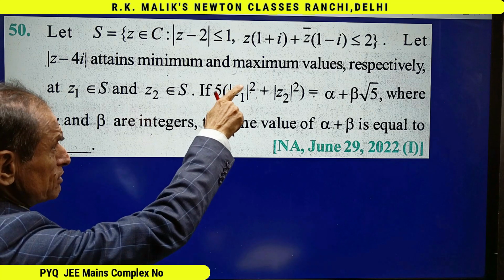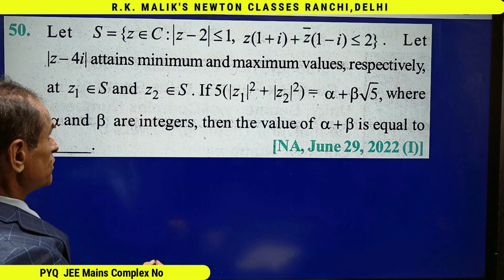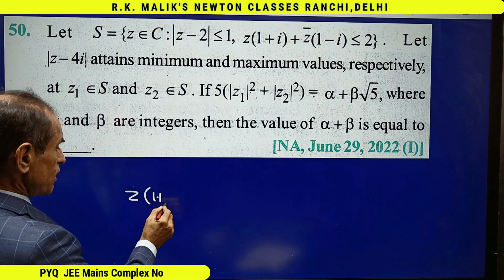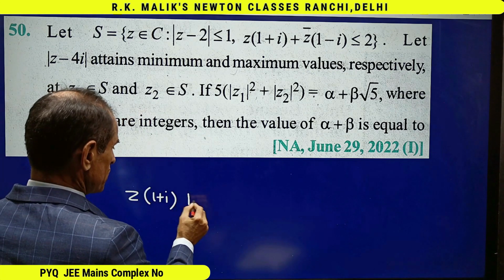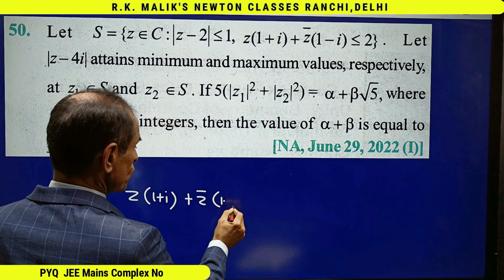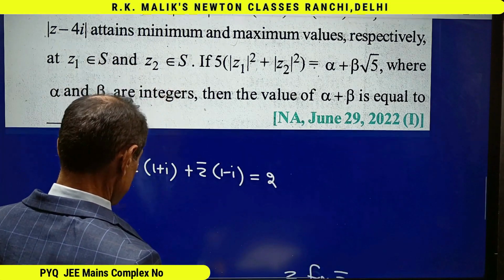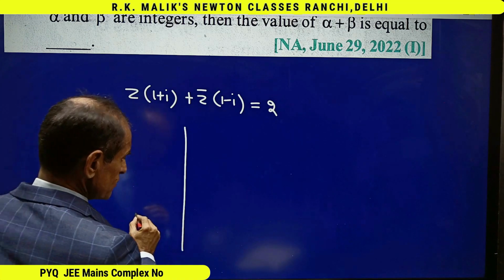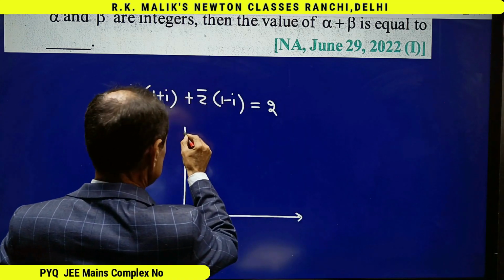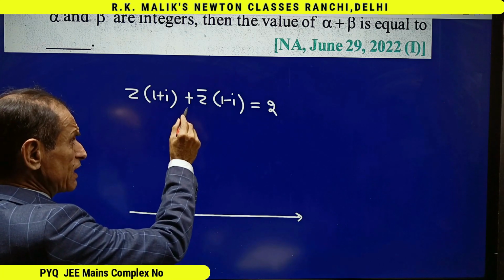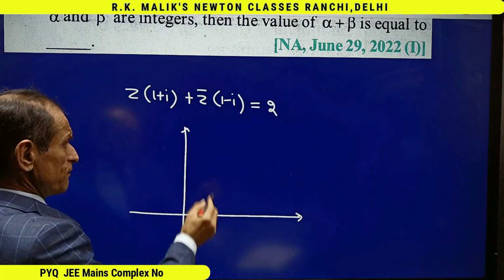First, I write this inequation in the form of an equation, that is z into 1 plus i plus z bar into 1 minus i equal to 2. To draw this line, first we write z for z bar and calculate the value of z.